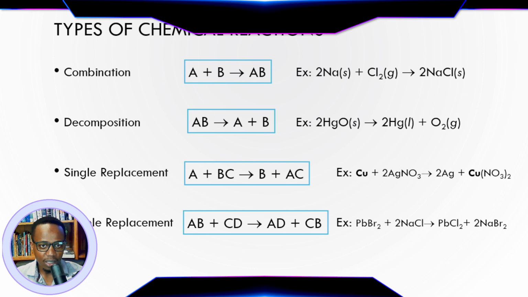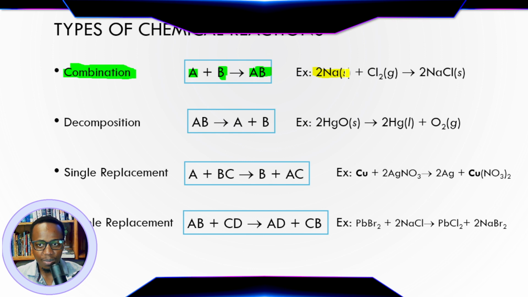Now, the first one is the combination reaction. And it's exactly what it sounds like. You take one thing represented by A here, you add another thing represented by B here, and then you get AB together.